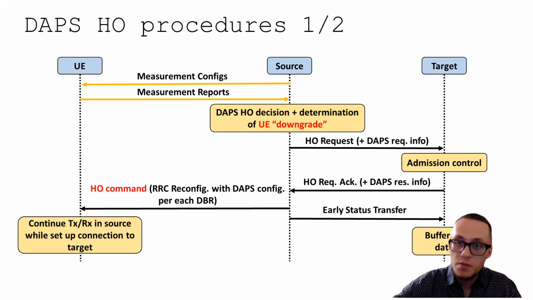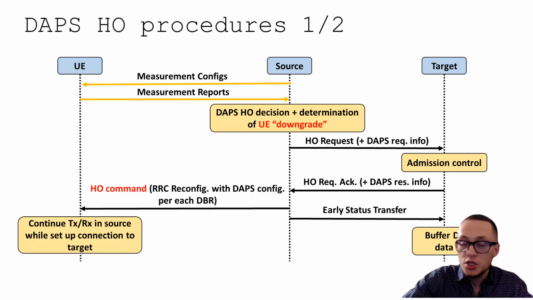Also at that time, the source base station tries to perform early status transfer and early forwarding to the target base station, and the target base station tries to buffer data and wait for the incoming handover from the source base station.